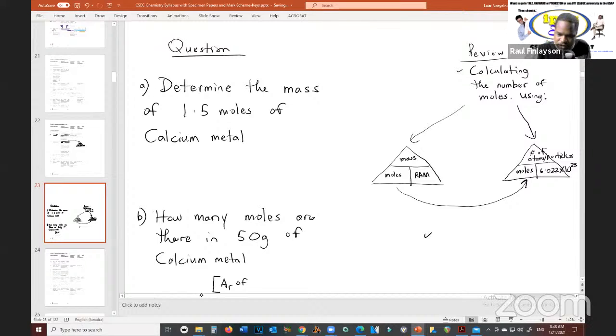The AR of calcium, just put the symbol, is 40. They would probably leave it at 40 as well. They don't really use gram per mole, but it's the same thing. So you get two questions like this. One is from mass to moles. The other is from moles to mass.